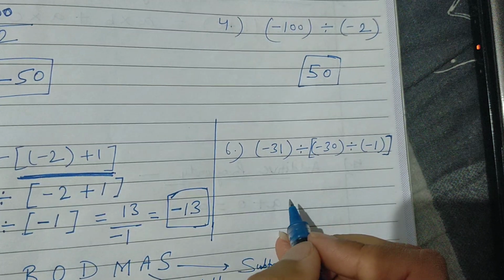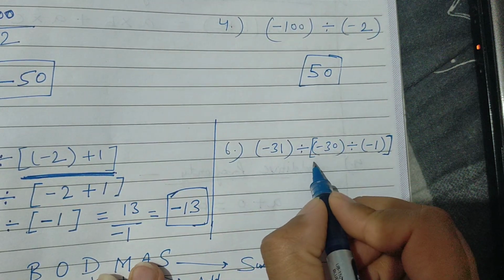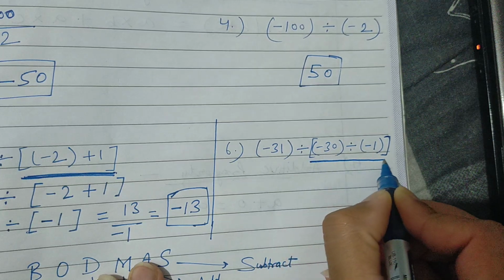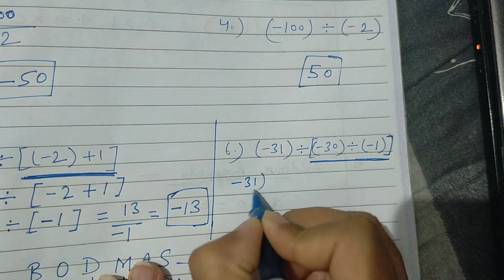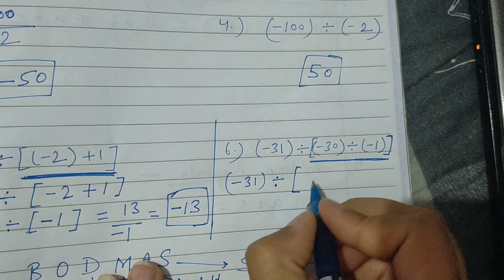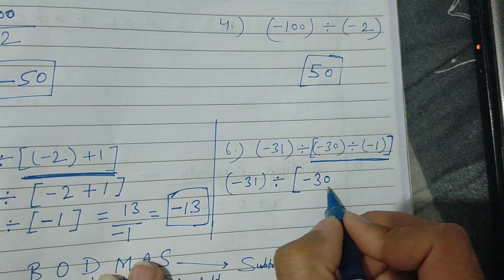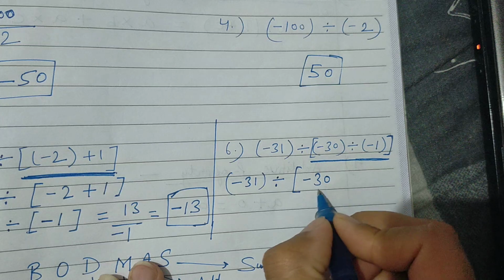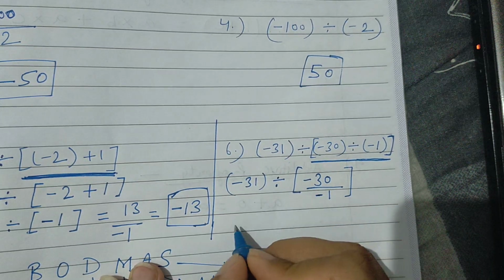We will solve one more question. See, here in this question also, first we are going to solve the bracket. This bracket. -31 divided by, first we are going to solve this bracket. -30 divided by -1.